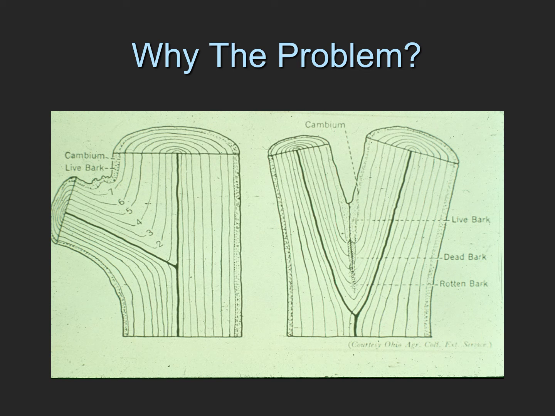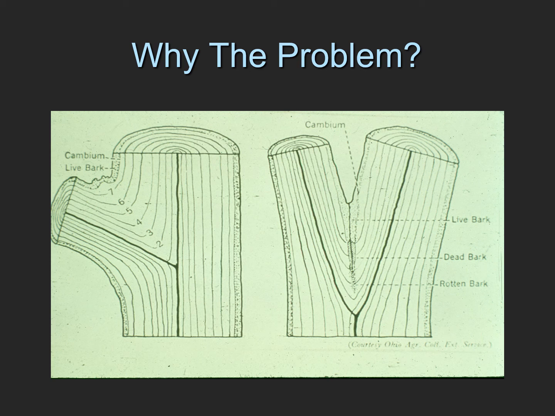Here's the problem with those branch angles or crotches not being correct. You can see on the left there, that is not quite a 90, but maybe a 70-degree angle. And you can see that it's got a lot of good wood inside there that's all connected, and we don't have any just bark or cambium tissue holding it together. We've got old wood in there that's all connected all the way into the trunk of the tree.